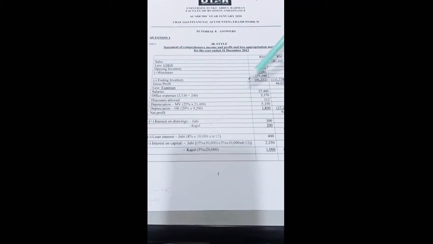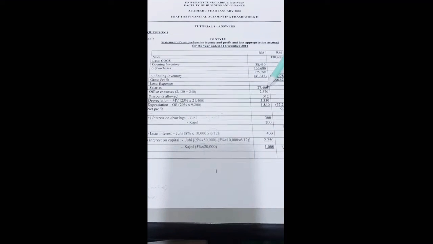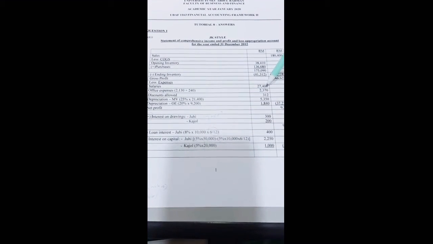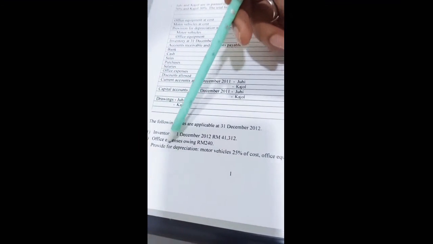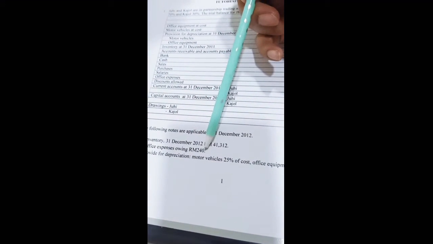And then we proceed with minusing off all the expenses. 27,400 of salary, that is from the trial balance directly. Office expenses, okay, there's a computation for office expenses. Let's look at the computation. Office expenses, why 2130 plus 240? Is that because office expenses is just owing 240?